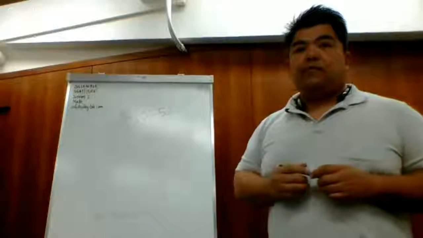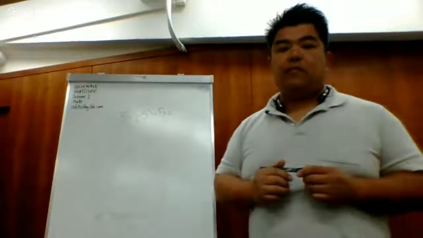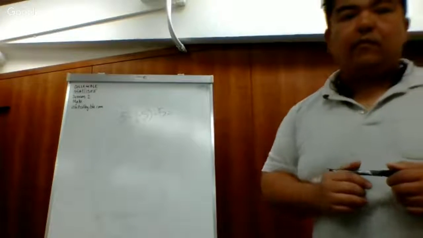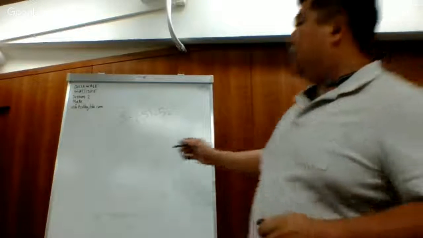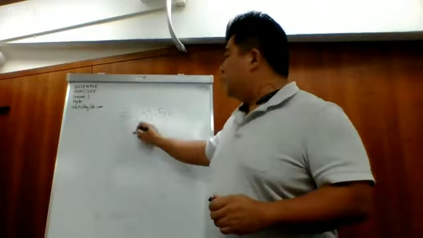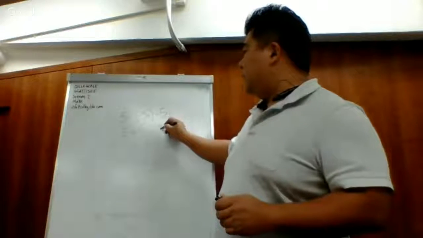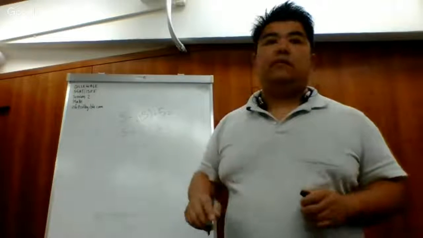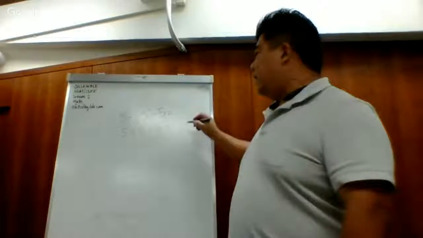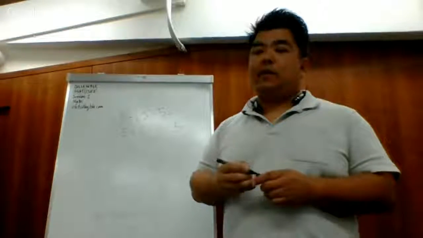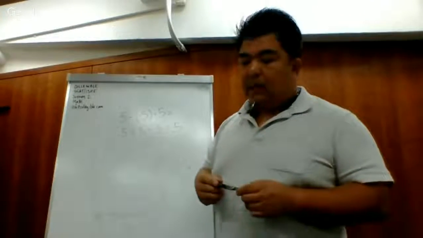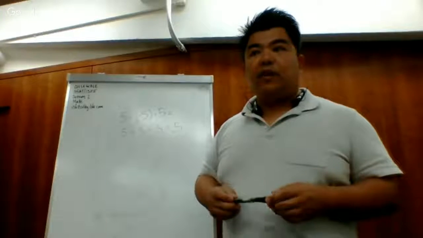Well, you start with the parentheses, but since there's a negative number right in front of the parentheses, that negative 5 turns to a positive number. So this becomes 5 plus 5 minus 5, which is just 5. Okay, that's correct. These are pretty straightforward. I think you guys are getting these.